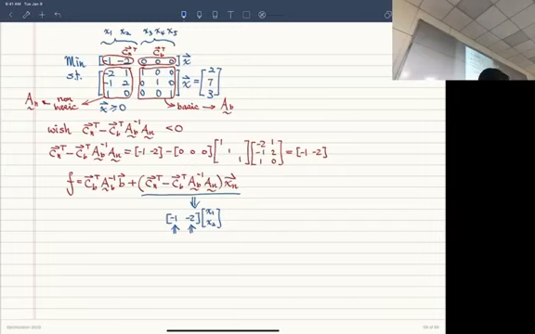Remember, at the beginning we consider the non-basic variables as 0.